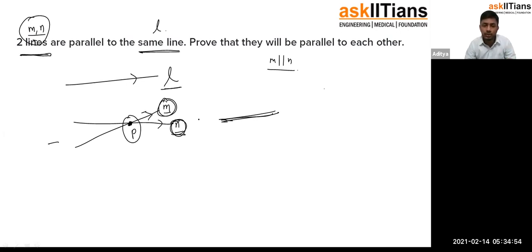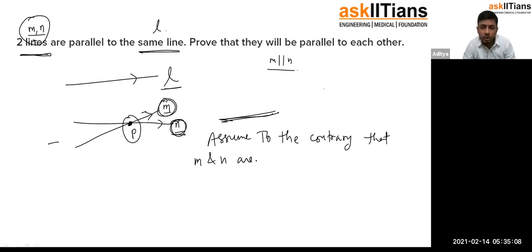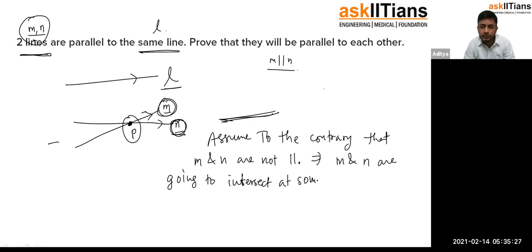What was our initial assumption? So let us write this down. To the contrary, assume that M and N are not parallel. So if they are not parallel, they will have to meet somewhere, which means they are intersecting lines. M and N are going to intersect at some point P. By Playfair's axiom, what can we say?